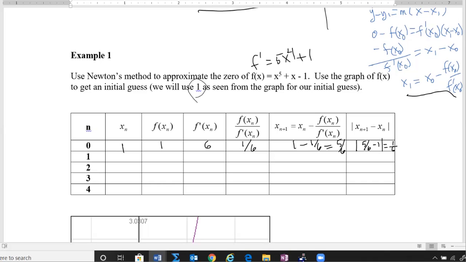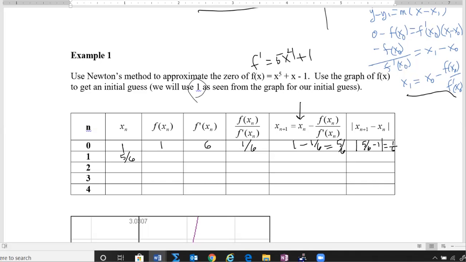Okay, so that's how far apart those two estimates are from each other. Now the next cell here, you would bring down your 5/6. That's your x sub n, the one we calculated over here in this cell. And then you would continue computing across here, one step at a time, all the way across.